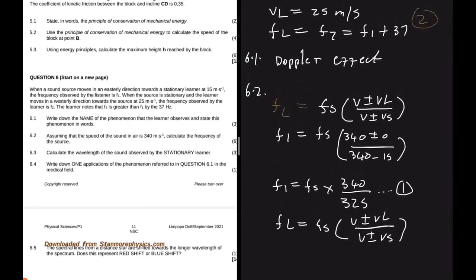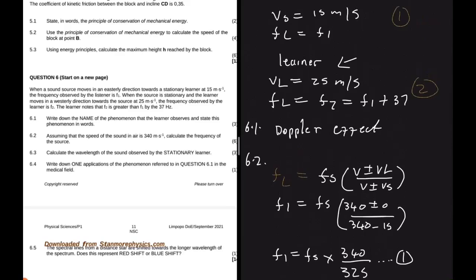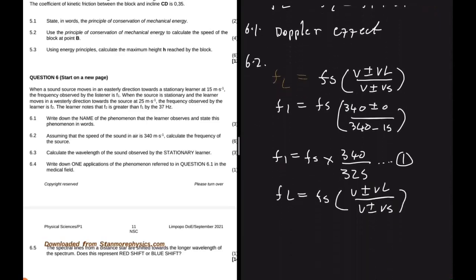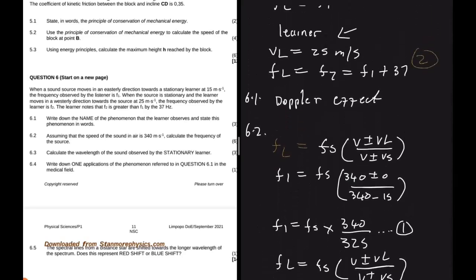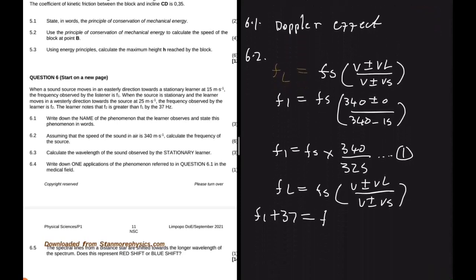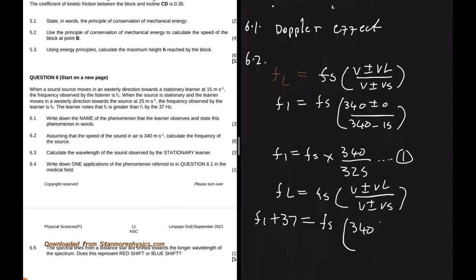We are told that when the learner is moving towards the sound source, FL equals F2, and F2 is F1 plus 37. So we're going to have F1 plus 37 equals Fs, which is unknown. And we know fully well that our v is 340 plus or minus the velocity of the listener.